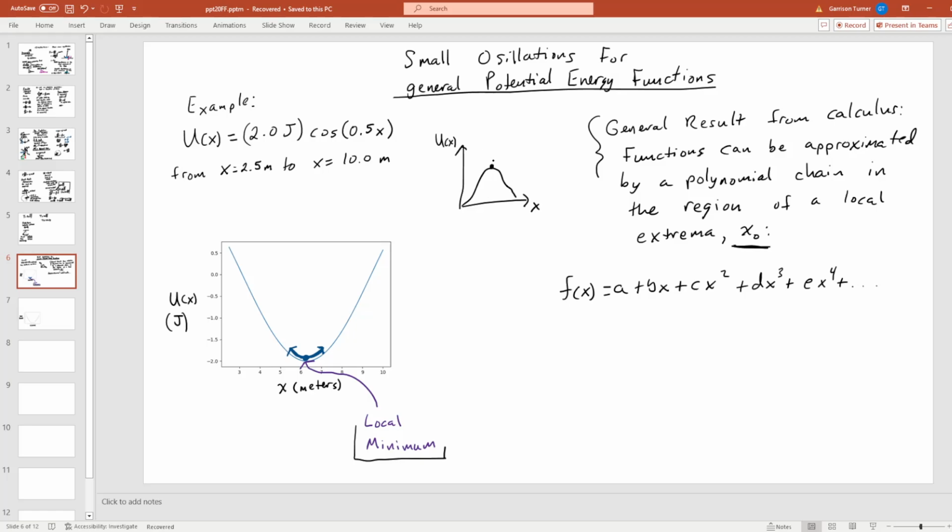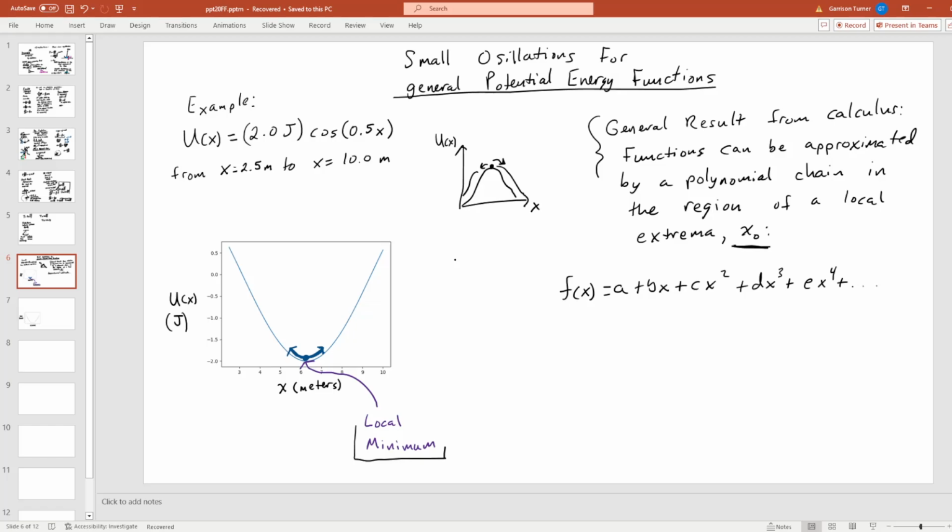If I displace it slightly this way, it just continues down here. It never comes back. Or if I displace it this way, it comes down here and it never comes back. So local maxima do not give you oscillations. Only local minima do.